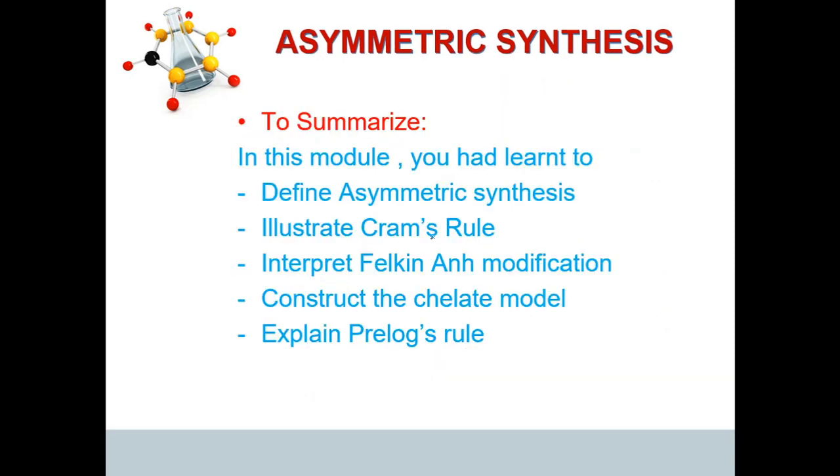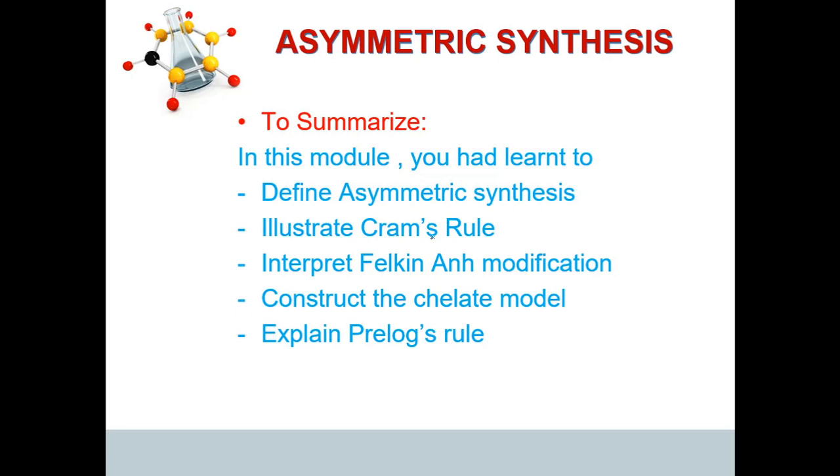To summarize, in this module you learned to define asymmetric synthesis, a process where a new chiral center has been induced. You also learned to illustrate Cram's rule, which states that the carbonyl carbon is flanked between the medium and small size group, and the nucleophilic addition takes place at the side of the smaller group.